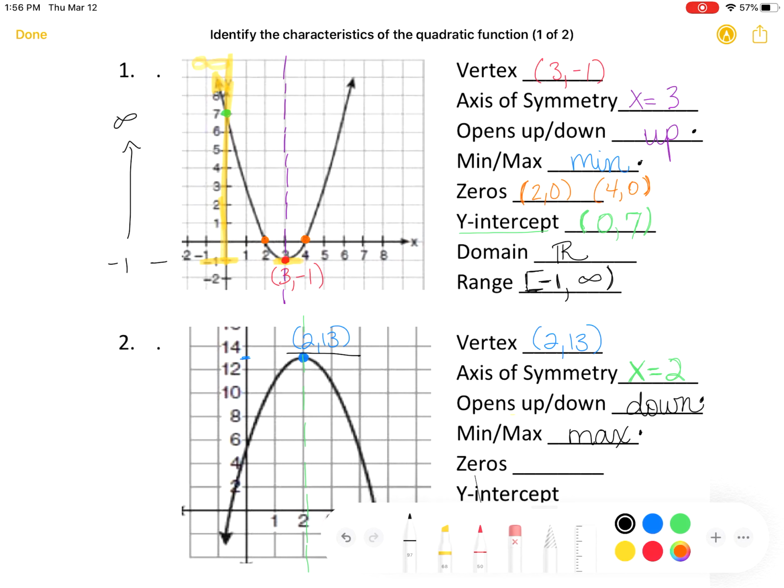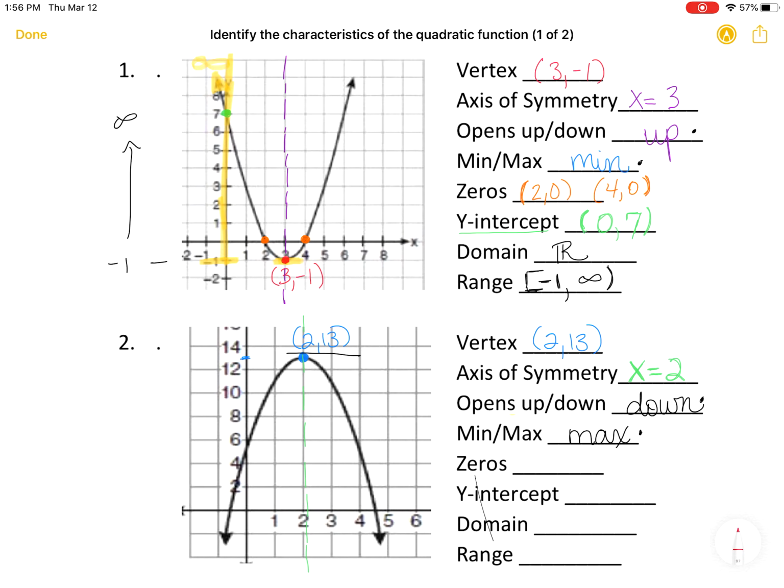Okay, and that will always be the case with quadratics. All right, zeros. Where does it cross the x-axis? In this case, it crosses at these in-between marks. We're just going to call those halfway. So we're at -1/2, 0, and 4.5, 0.